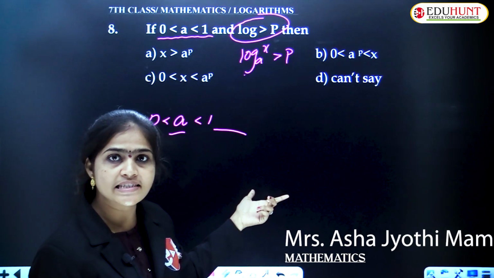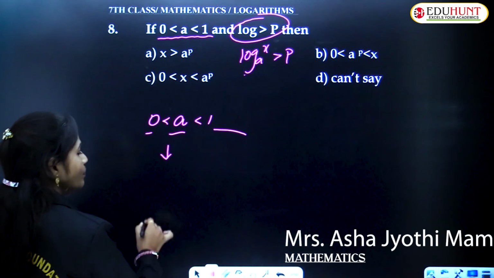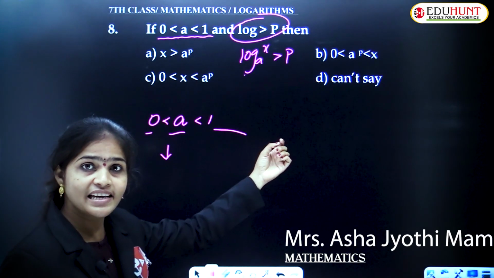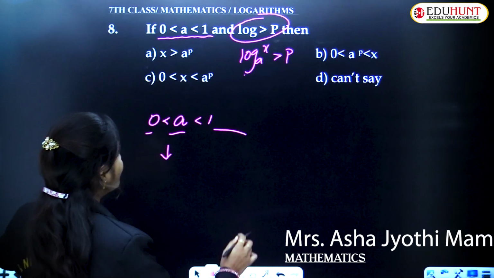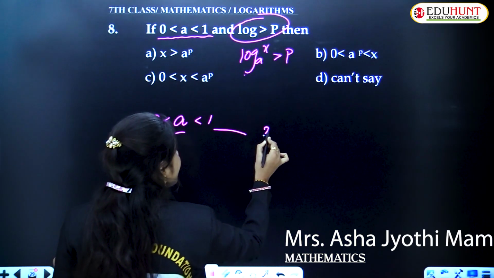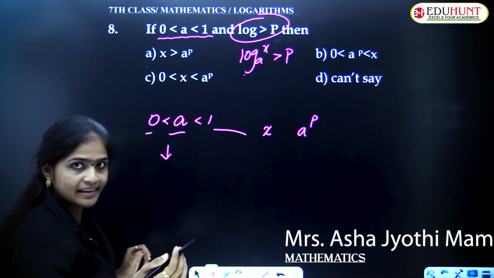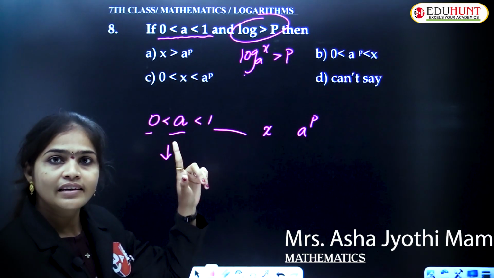So which function is it? Increasing or decreasing? Decreasing function only, no? So decreasing function means there is a change in its sign. We know that log x to the base a is greater than p means x is greater than a power p, if it is an increasing function.